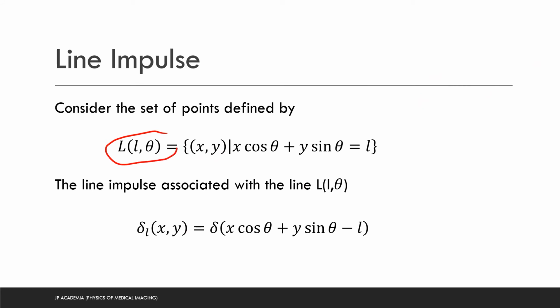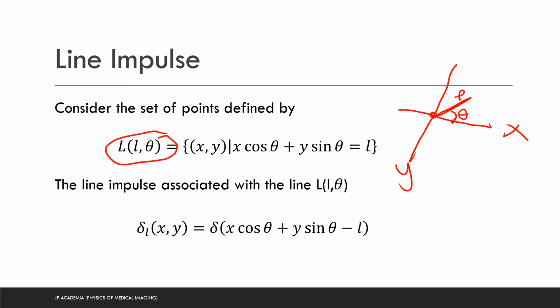This function here is actually a line whose unit normal is oriented at an angle theta relative to the x-axis. So if we have here your x-axis, then this is your y-axis. This is the line L from the origin. Then we have this theta, which is relative to your x-axis.